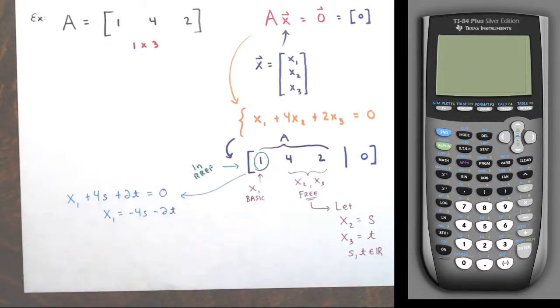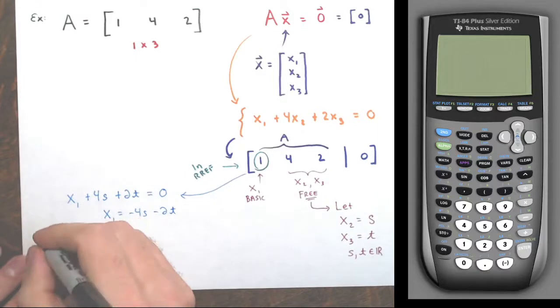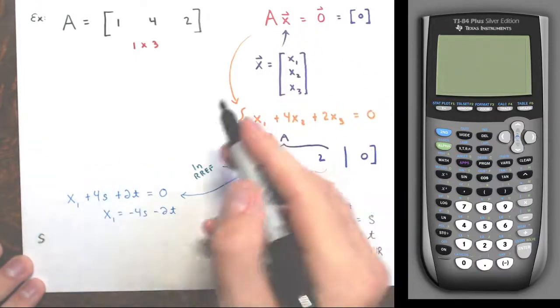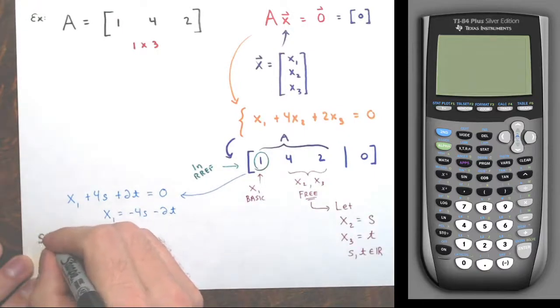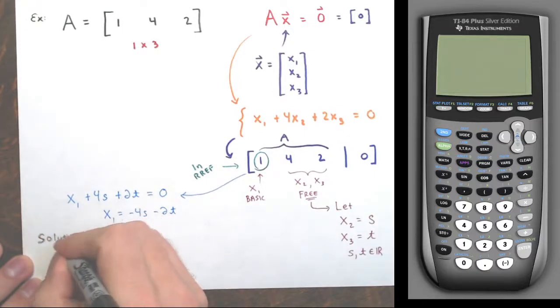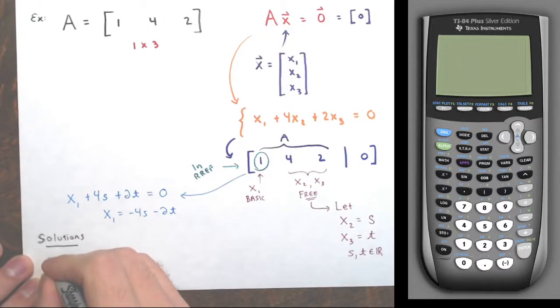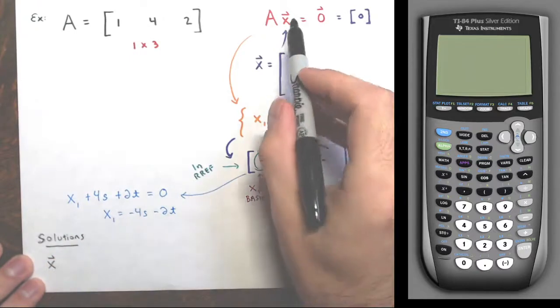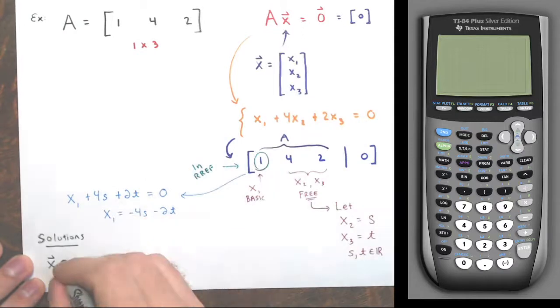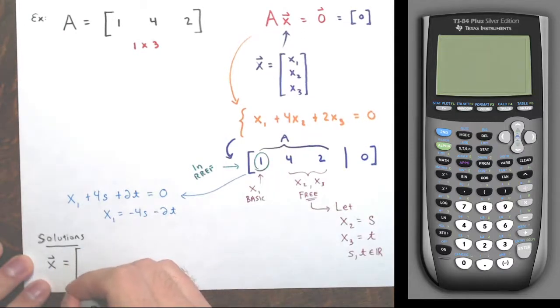So now I have every variable, x1, x2, and x3, in terms of these free variables, these parameters s and t. So I describe the solutions of this Ax equals 0 equation. They all look like this. So every vector x, I can replace that with, you have x1, x2, and x3.